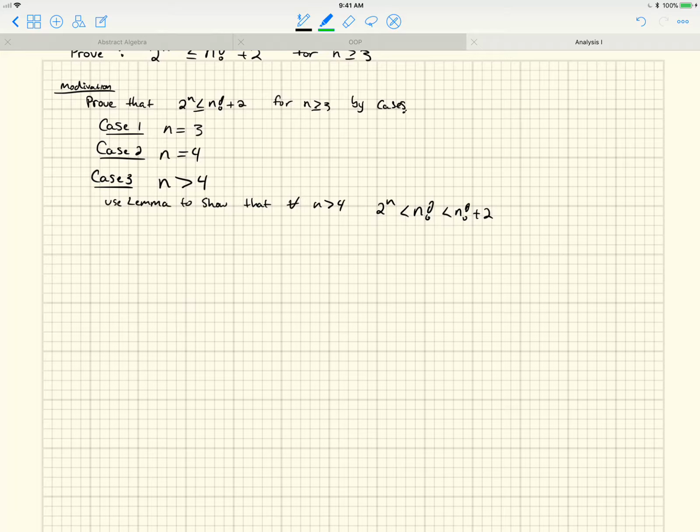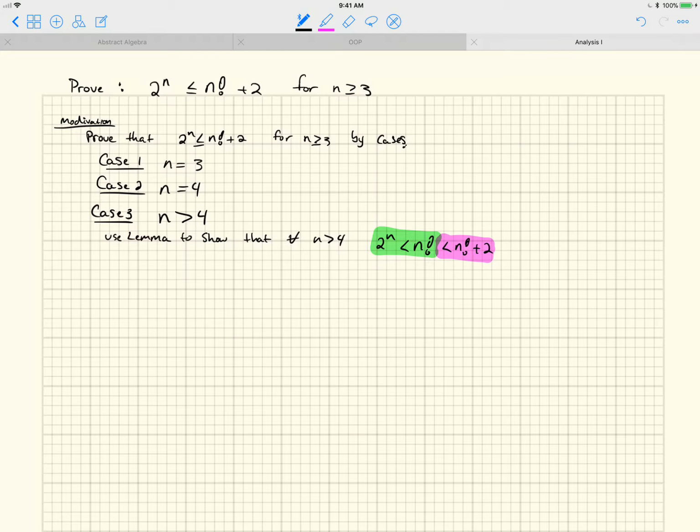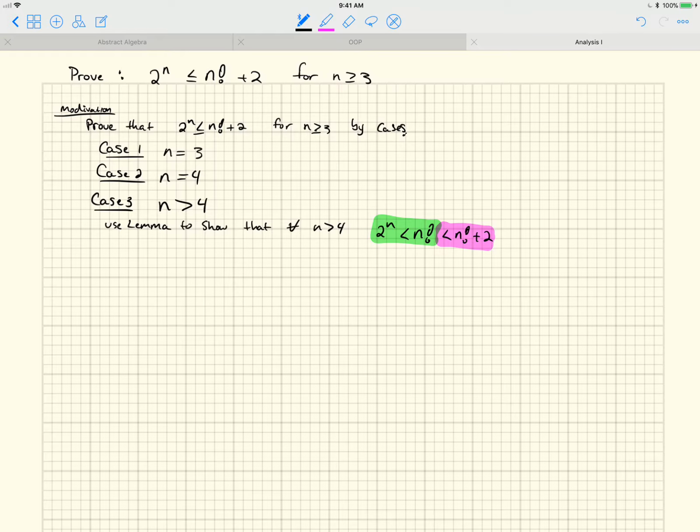Alright, so by induction, I'm going to be showing this right here. Okay, and I will conclude that this must also be true, which would prove my original statement. So I'm using the lemma to prove that 2^n is less than n!, and then I can conclude that this is less than n! + 2.